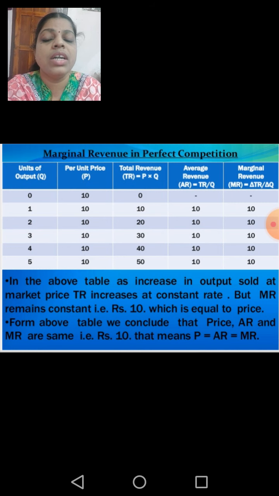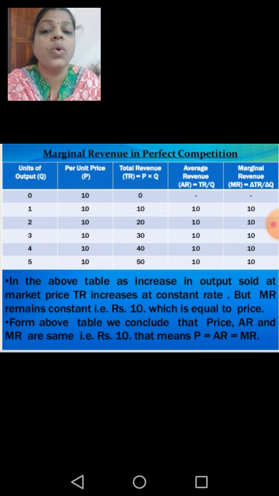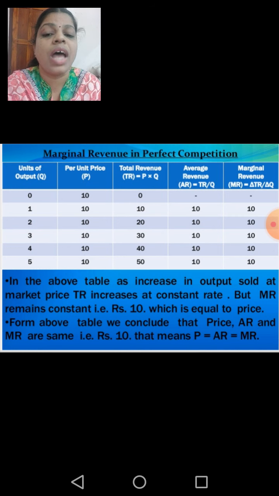So 10 divided by 1 equals 10, 20 divided by 2 gives 10, and 30 divided by 3 gives 10. As we go on to 40 and 50, the values obtained in the marginal revenue column are exactly equal to the values of the average revenue. Hence, it is proved that the price is equal to average revenue, and average revenue is equal to marginal revenue. This is the manner in which marginal revenue is derived.